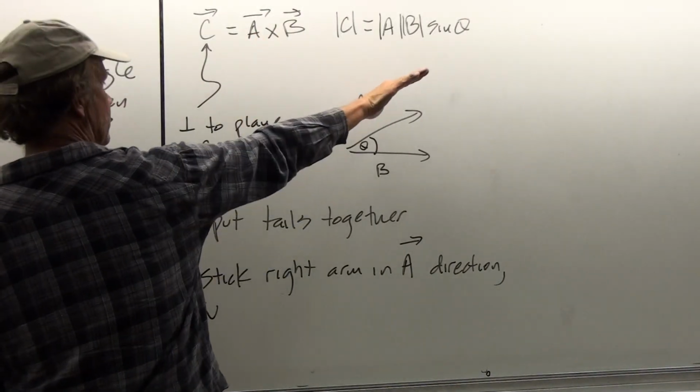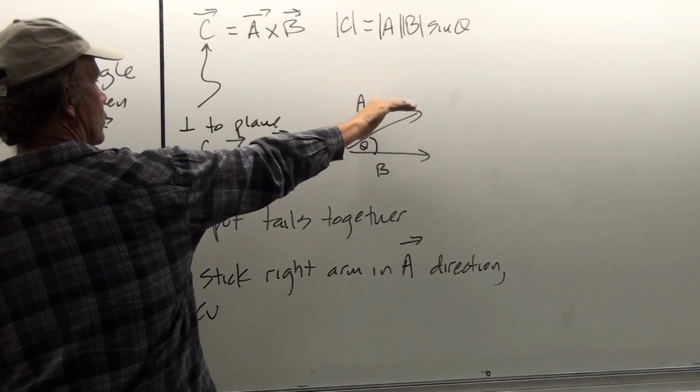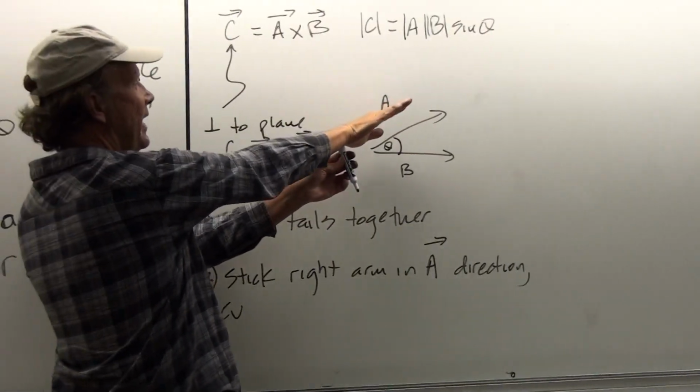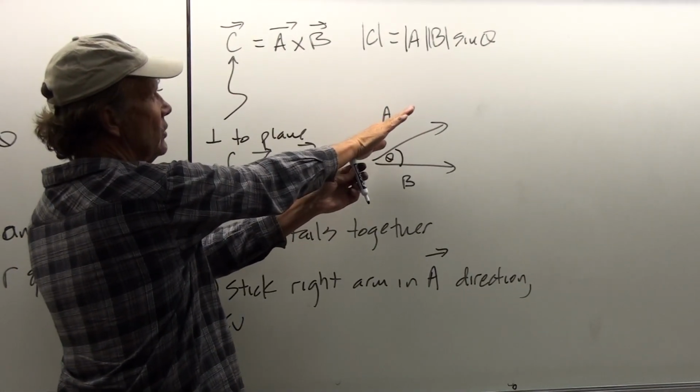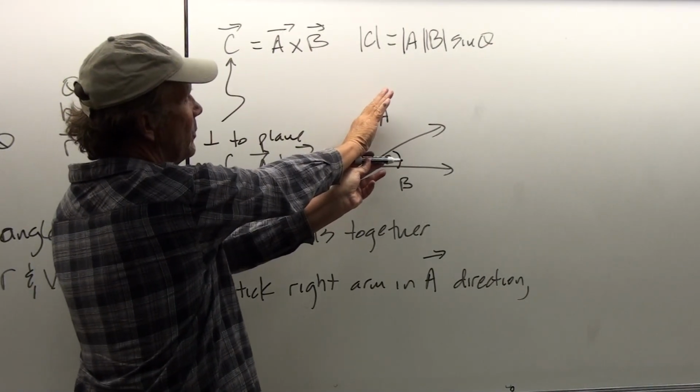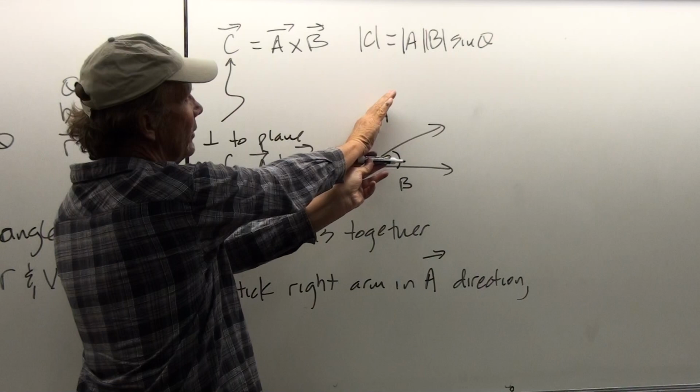That's going to be A. And then I'm going to curl my fingers. Just imagine that the A vector is from my wrist on out, and the B vector is from my wrist out.